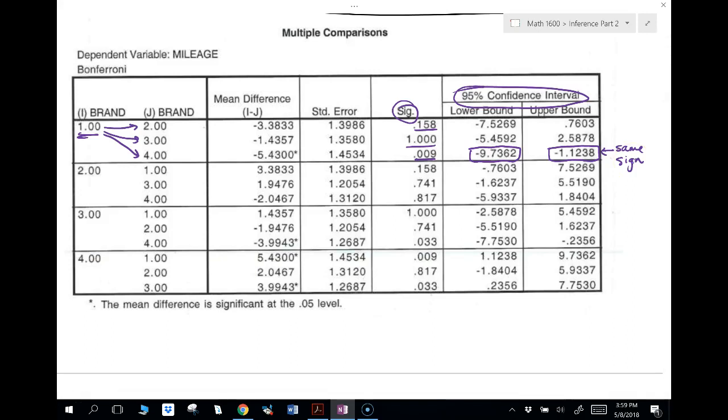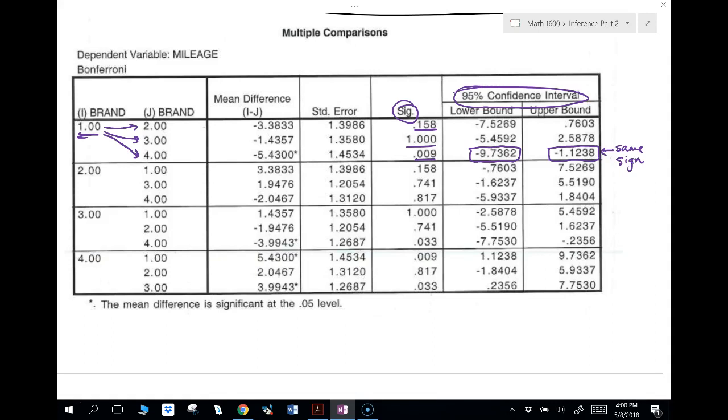Because if they're the same sign, since they're both negative, that means brand 1 is going to be lower than brand 4. But if one is negative and one is positive, that means 0 is in here. They could possibly be equal, since 0 is in the interval.